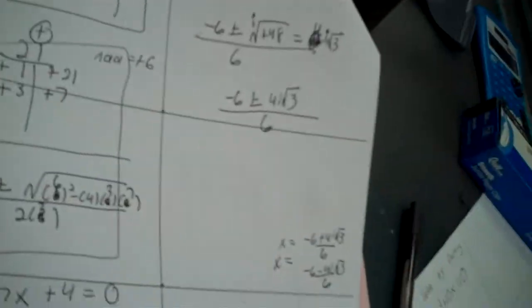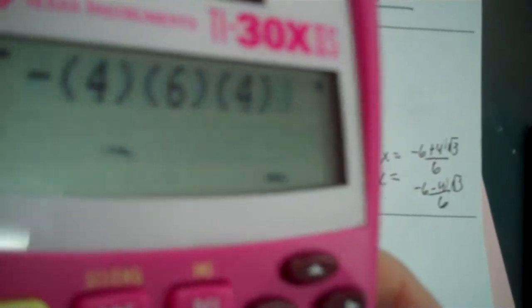Okay, next one, same idea, opposite B, negative 7, B is 7, A is 1, C is 4, A is 1. Negative 7, 2 times 1 is 2, square root, 7 to the second, minus 4, 1, and 4.